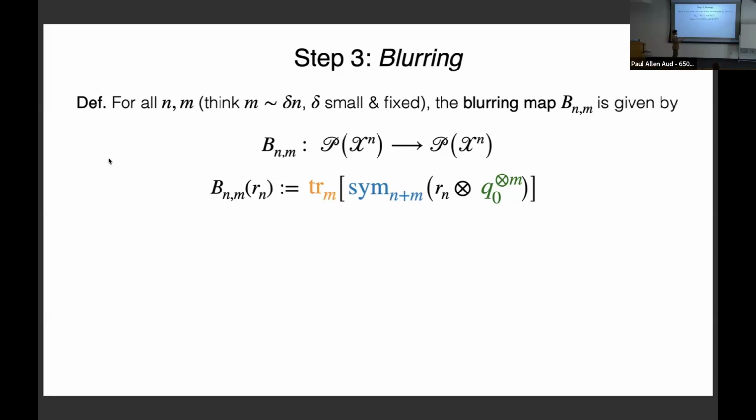First of all, I take this Q naught. This is our full support free probability distribution in the first set of the hierarchy. We have it by axiom 2, I guess. And I take m copies of it. So I take m symbols that are drawn in an IID way with respect to this free probability distribution. That's a free operation.